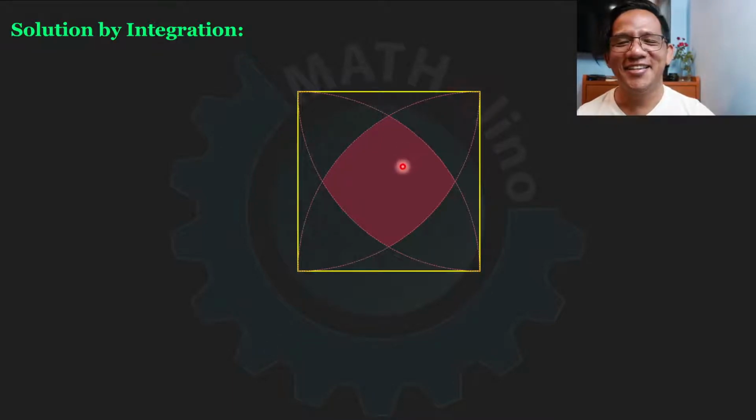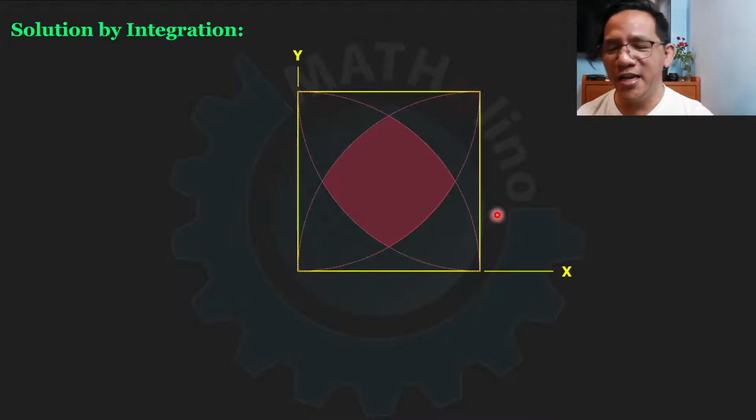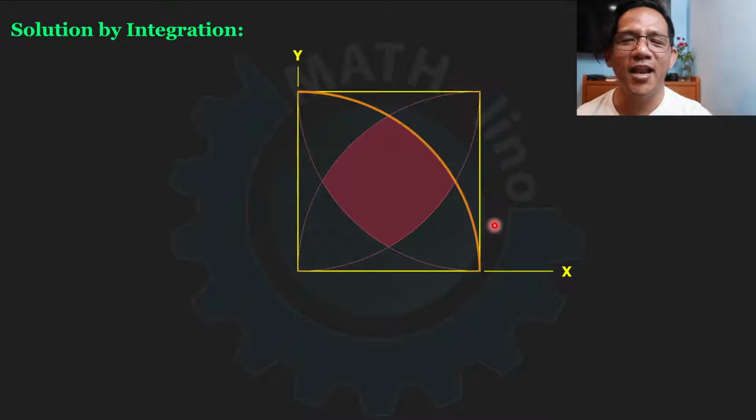So we are going to divide this area into 4 equal parts. I will choose this arc. The center of this arc is this one, so I will make this my origin of the xy plane. Now we can define this arc of the circle. What is the equation of this arc?